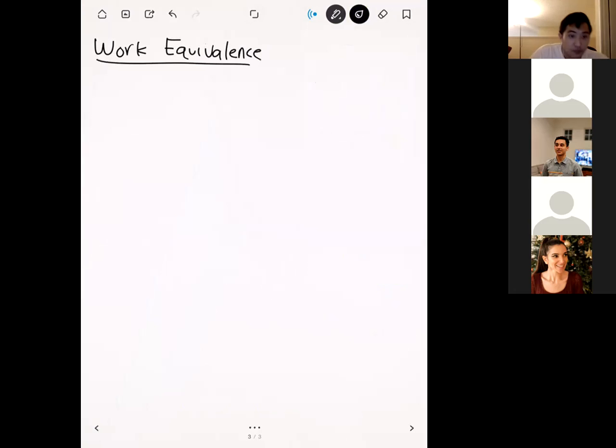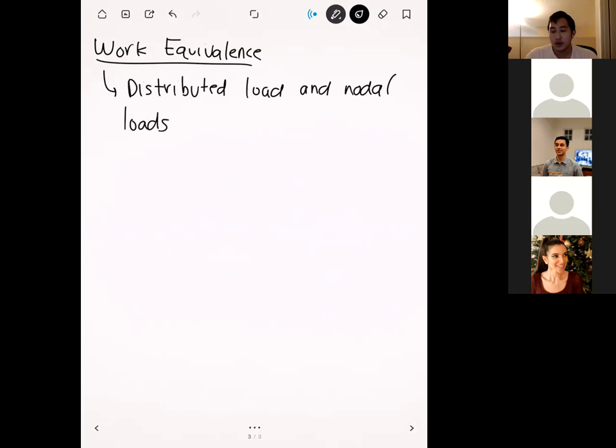In other words, what we want to say is that the distributed load and the equivalent nodal loads have to perform the same amount of work on our structure.